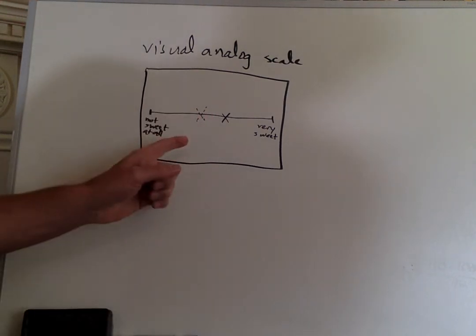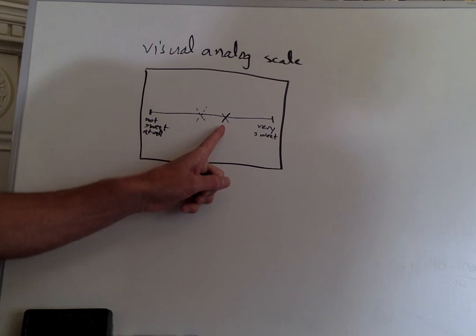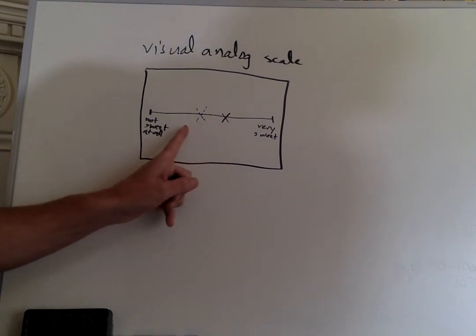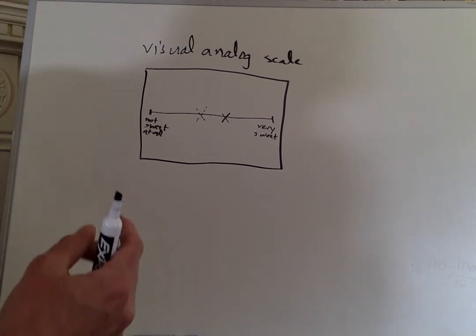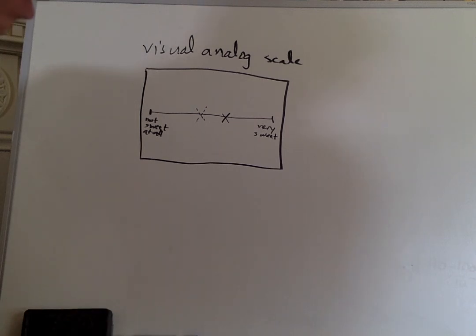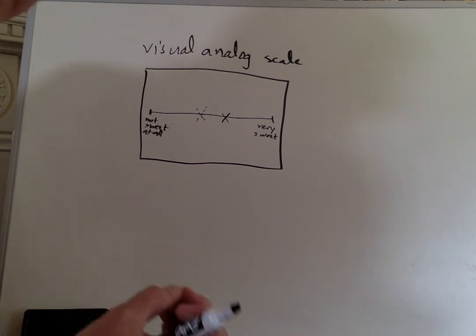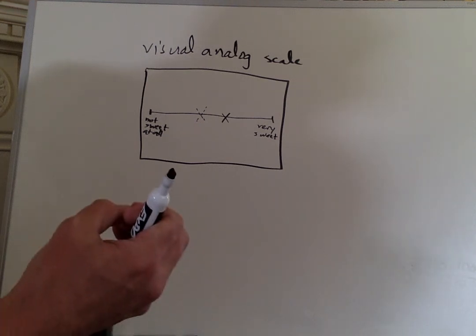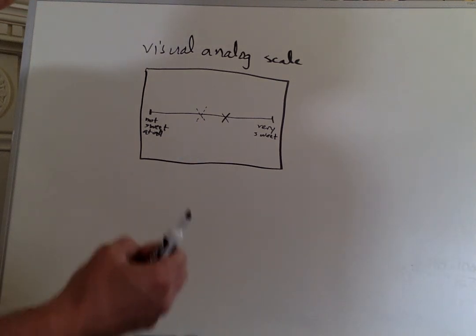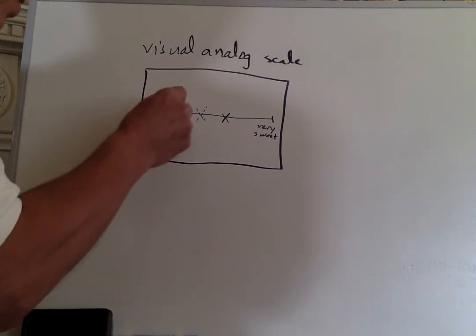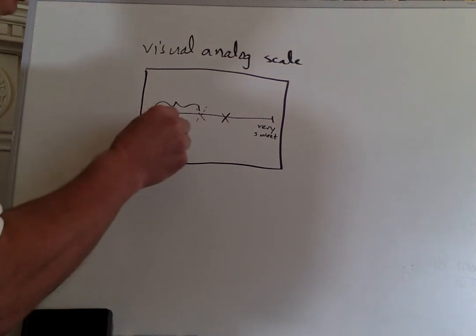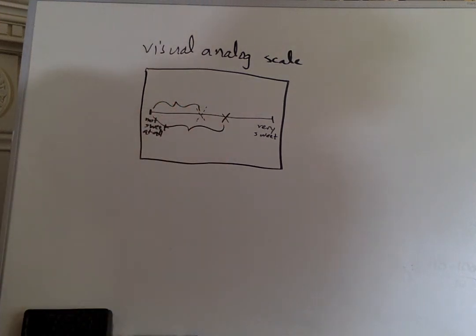So what that's telling me is the first person is rating it as tasting sweeter than the second person, all right? Now, remember, when we talk about operational definitions, I need to come up with a quantity for how sweet the people are indicating the solution is. So what I'm going to do is measure from the origin out to where they place their X, and I'm going to measure that in millimeters.